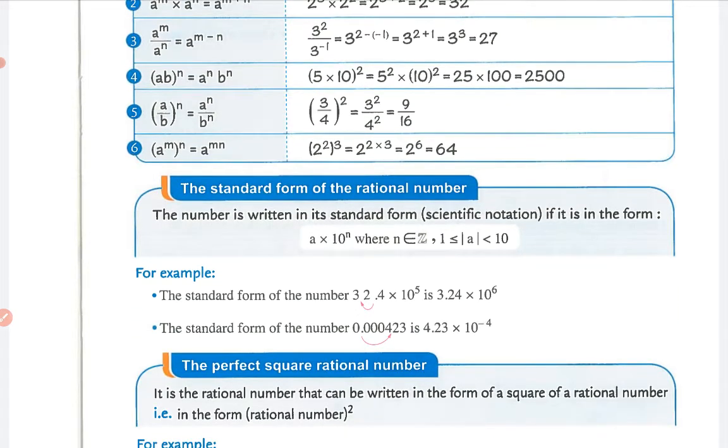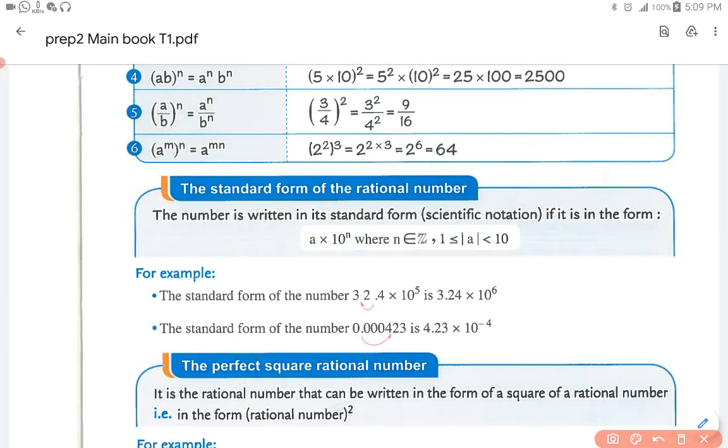Standard form of the rational number. The number is written in its standard form, scientific notation, if it's in the form a times 10 to power n, where n belongs to Z, and the absolute value of a is greater than or equal to 1 and smaller than 10.